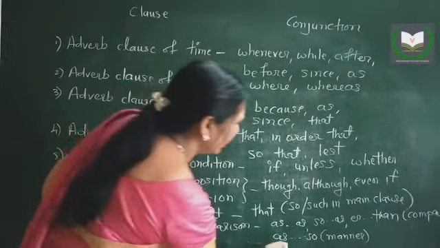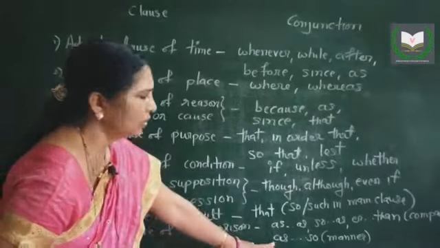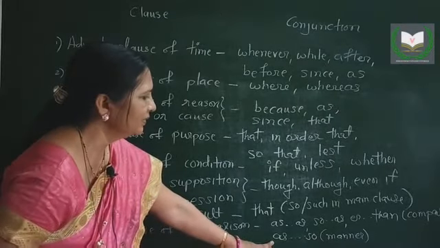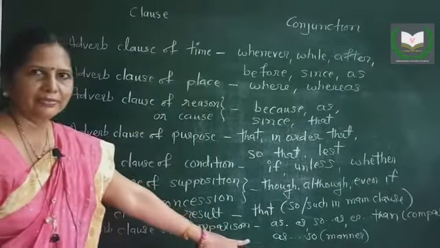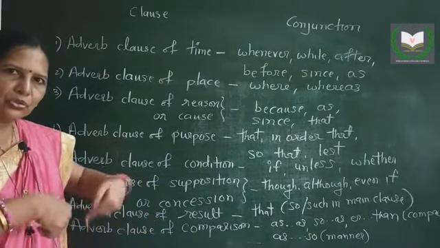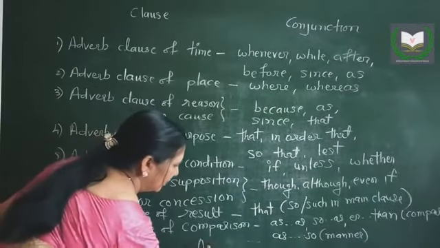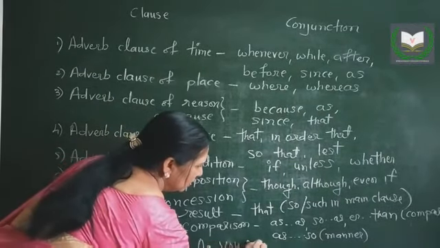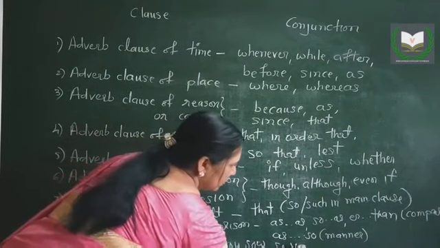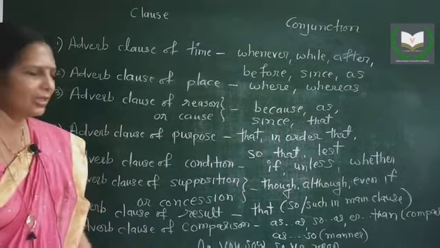But here we have seen the proverb. And what is the moral? As you sow, so you reap. For example, as you sow, so you reap. जसं काम केलं तसं तुम्हाला फळ मिळेल.